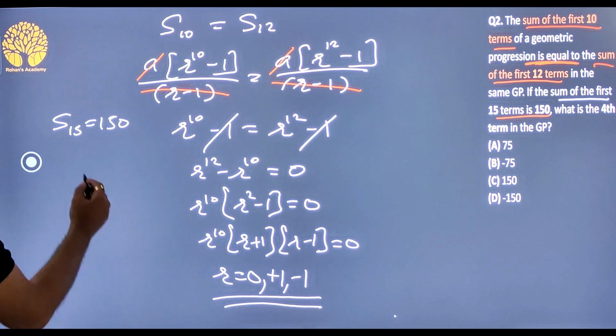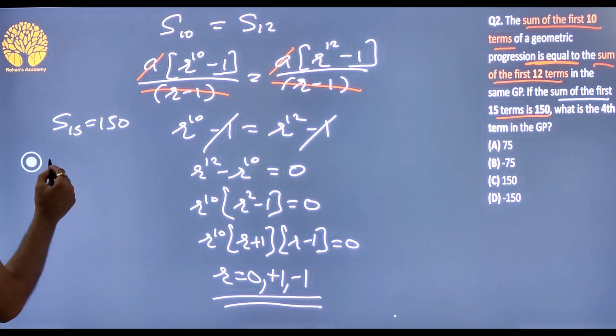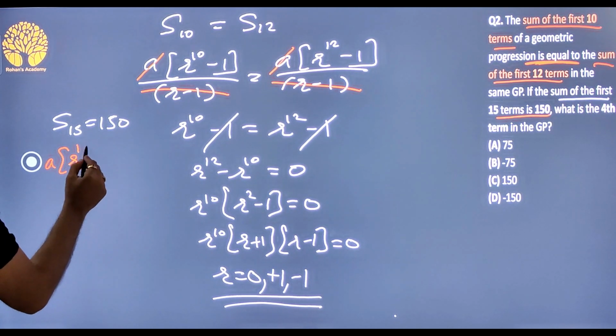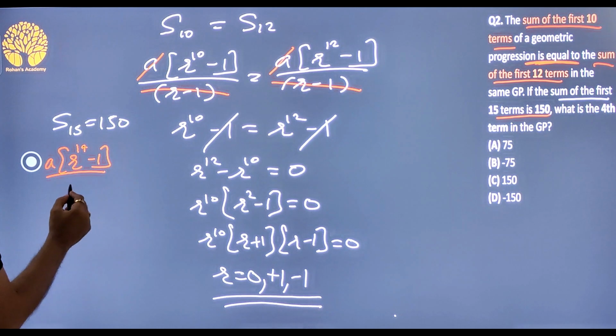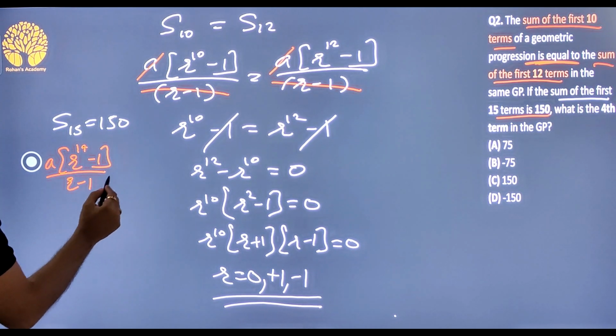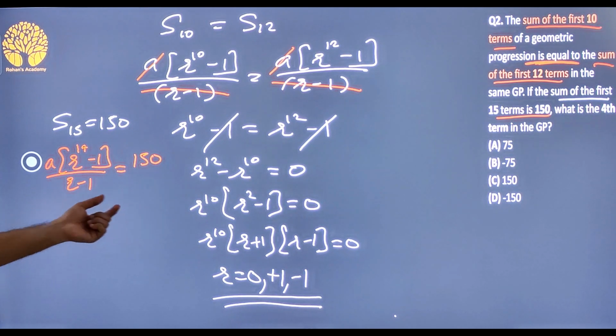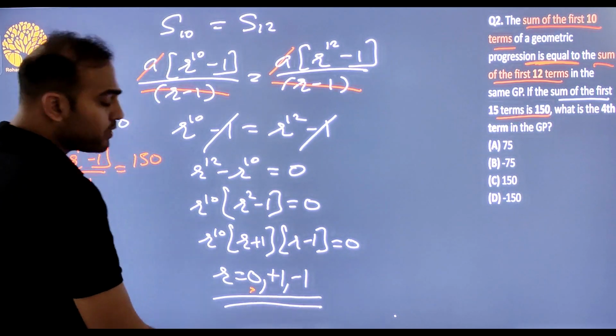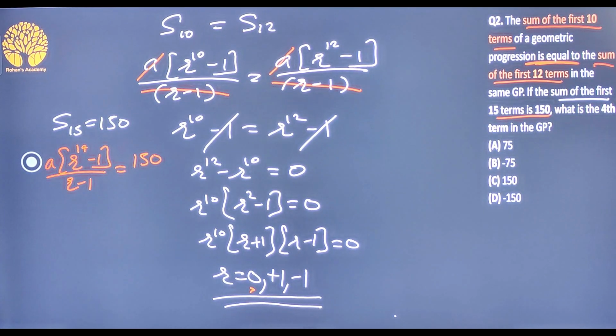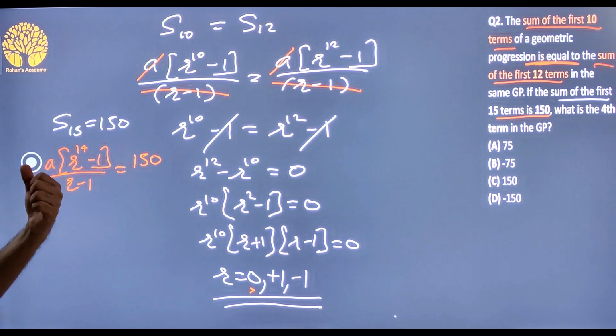So then we have the sum of 15 terms as given by the formula A into R power 14 minus 1 by R minus 1 is 150. Now if R was 1, the denominator becomes 0, which is not allowed because the denominator can never be 0.